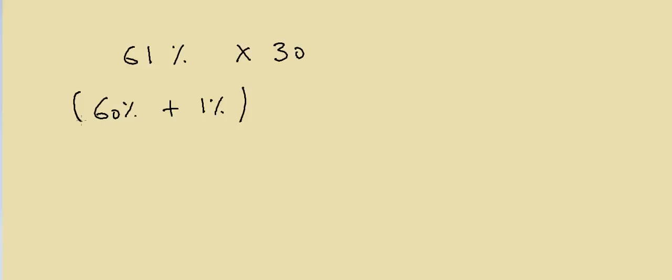Now when we are looking at more complicated numbers, for example, if I have 61%, and I need to calculate 61% of 30, how will I do that? In that case, what I can do is I can say 60% plus 1% of 30, right?